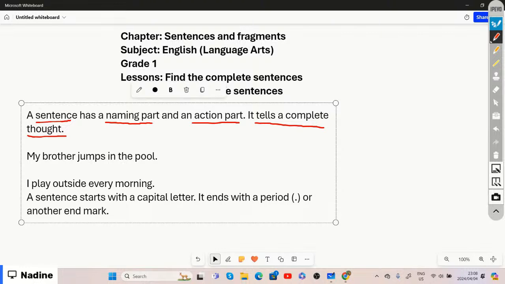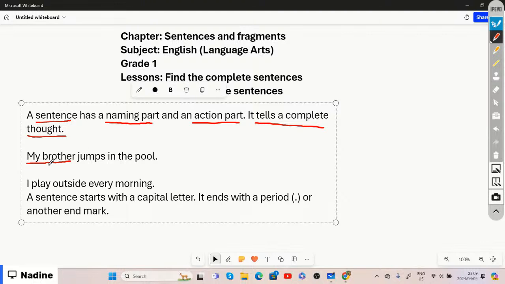The naming part within that sentence is my brother, because it tells us who jumped in the pool.